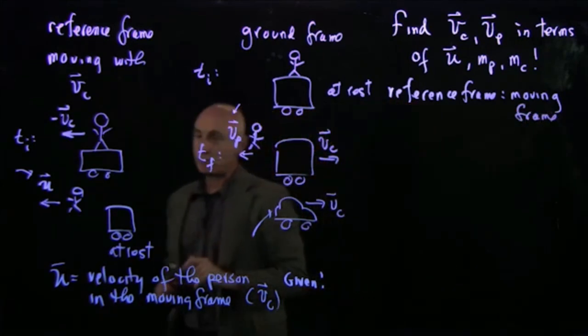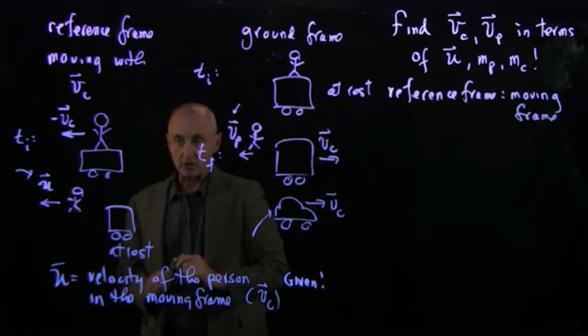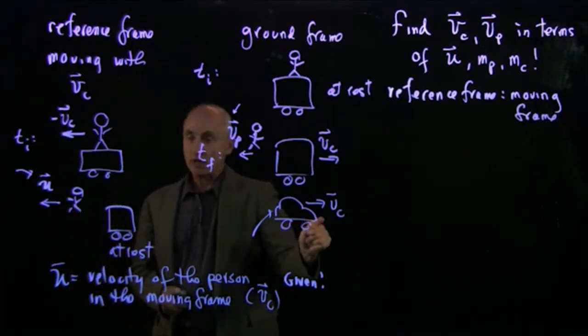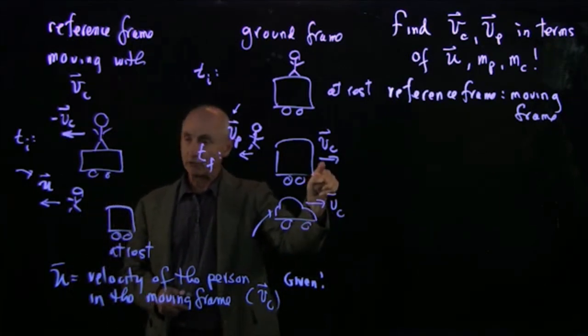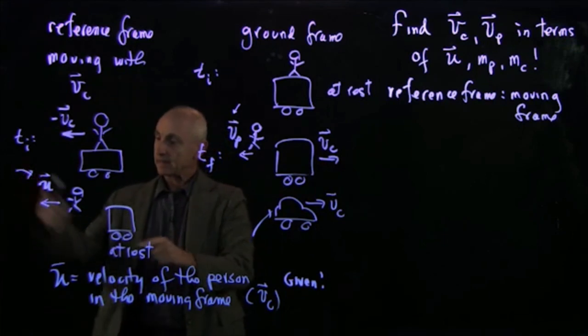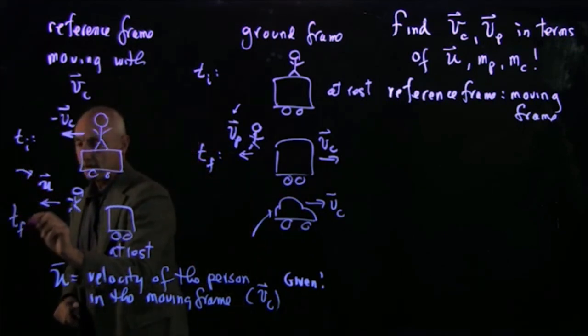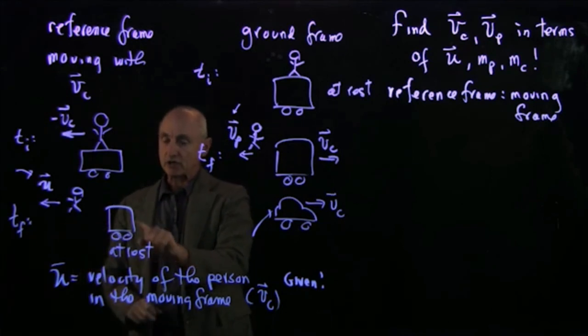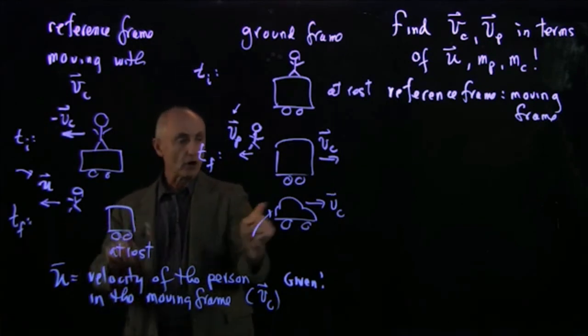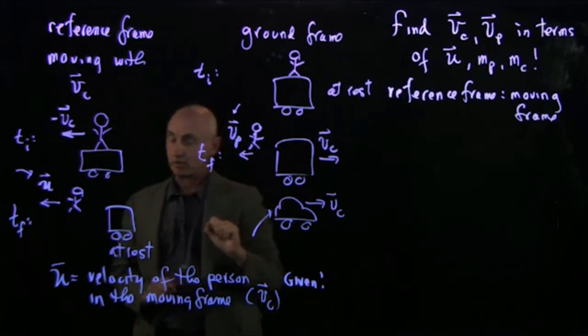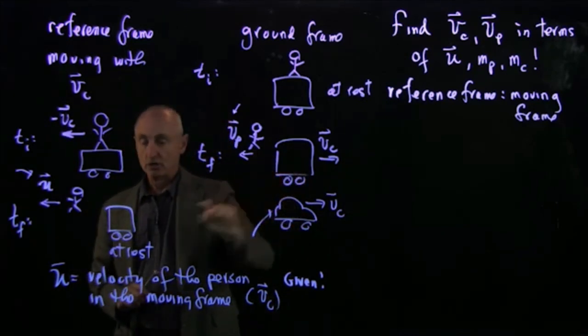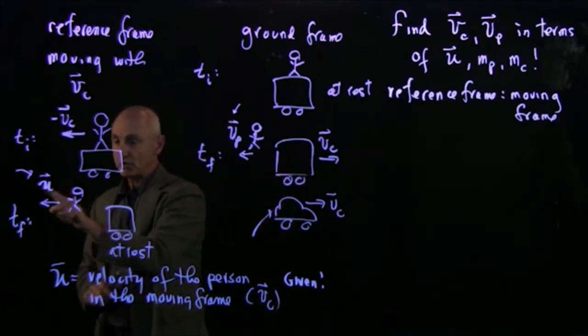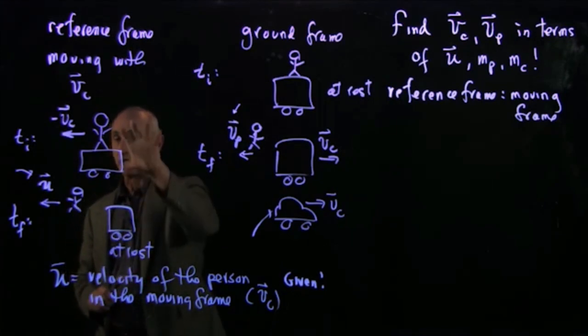Our pictures in the moving frame were actually much easier, because the moving frame is traveling with the final speed of the cart. After the interaction is done, in this moving frame, the cart is at rest. They're moving together. You're sitting in the cart, moving at the same speed. The person jumped off with speed u relative to the cart.